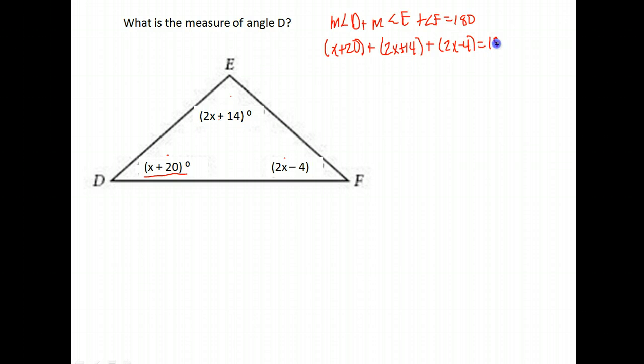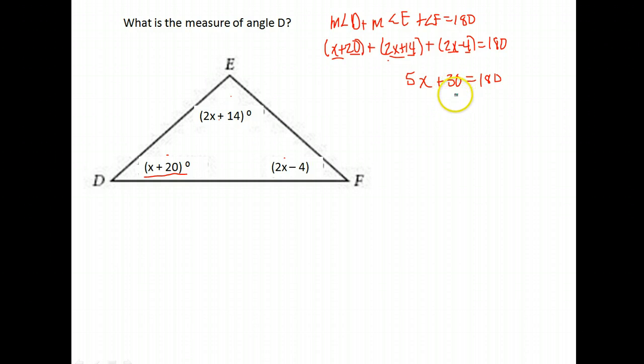And again, those should have a sum of 180. Combine our like terms, so we have x, a 2x, and a 2x. That's 1 plus 2 is 3, plus 2 more is 5 x's. Then our constants, 20 plus 14 is 34, minus 4 is 30. So we have 5x plus 30 equals 180.